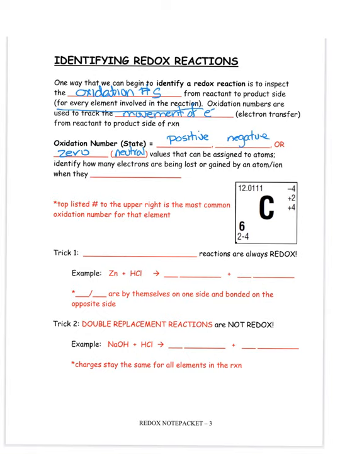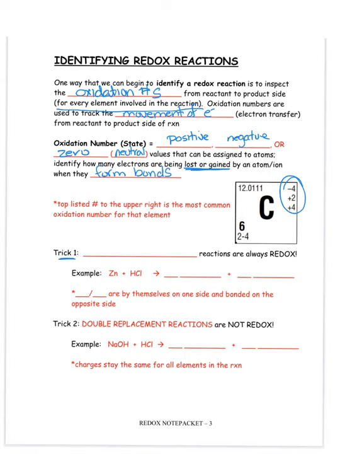We're going to identify how many electrons are being lost and gained by looking at these when they change, when they form their new bonds. All right, and don't worry if you don't understand all of that yet. You will in a little while as we go through this. Always look in the upper right-hand corner, as that's where we're going to find these possible oxidation numbers.